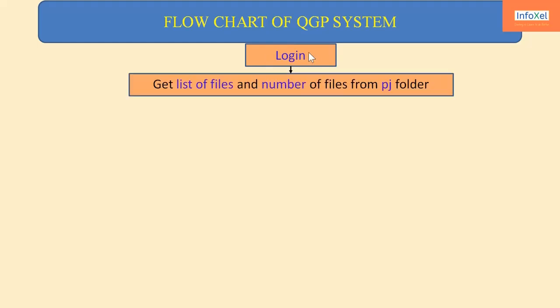we will see the flowchart of the QPG system. First is the login process. After the login process, if the login is successful, then get the list of files and the number of files from the PJ folder. We all saw what the PJ folder is. It contains question banks.